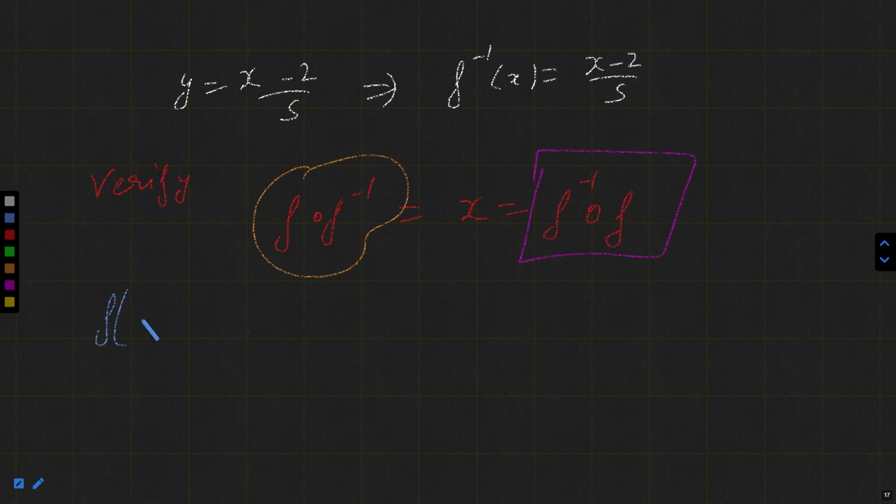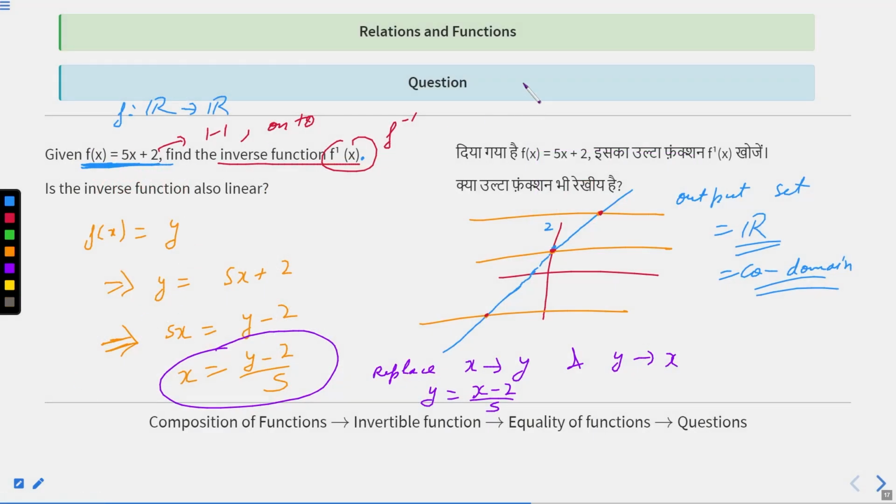So f of f inverse of x will be f of (x minus 2) by 5. We know what f is: f of input is equal to 5 times input plus 2.